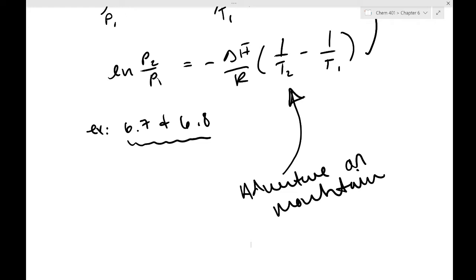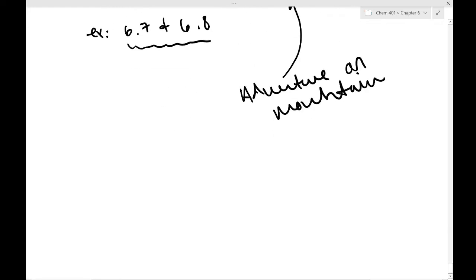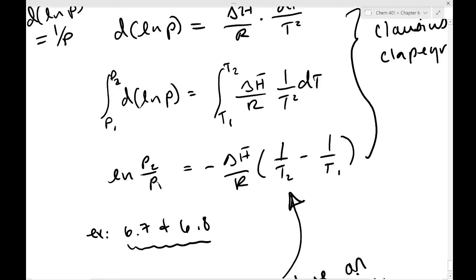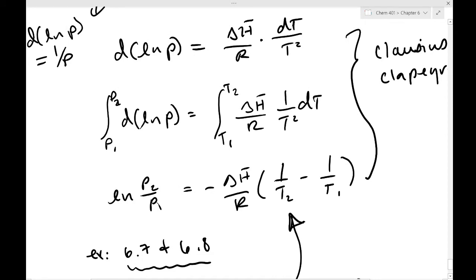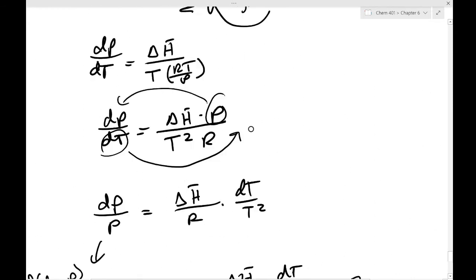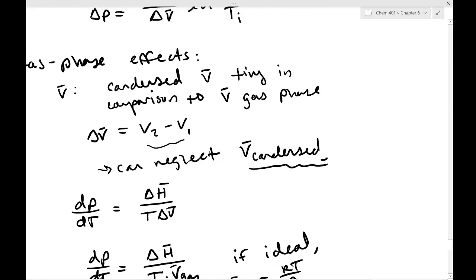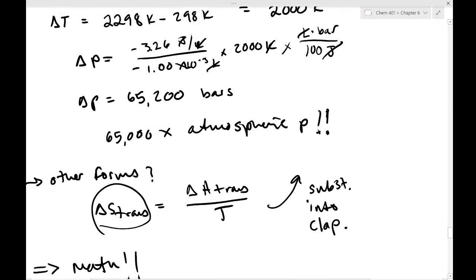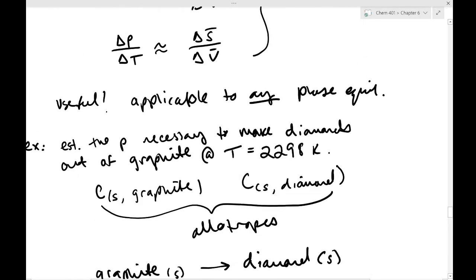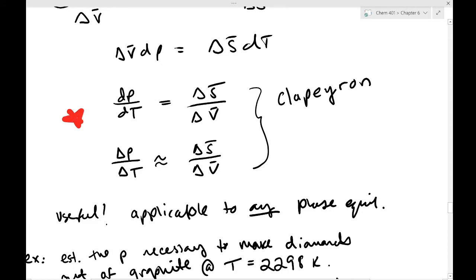Okay, so moving forward, we want to continue through our chapter discussing single component equilibria. We have come to a juncture where we've written out the Clausius-Clapeyron equation, and we've also written out the Clapeyron equation.